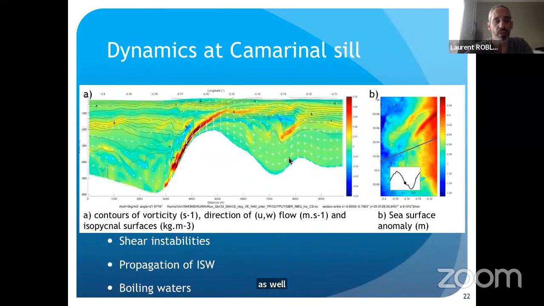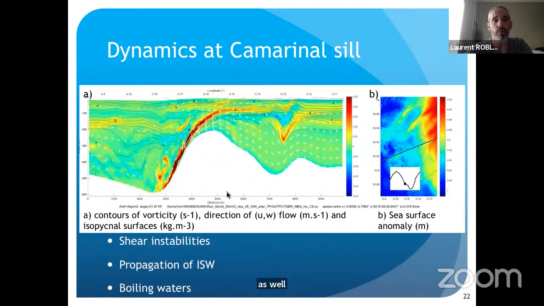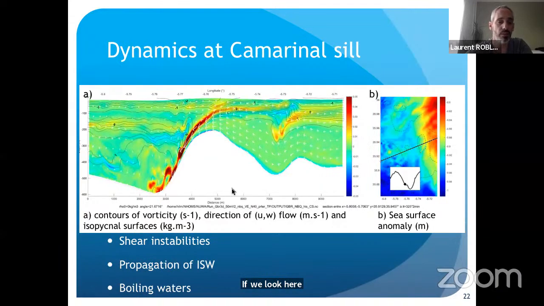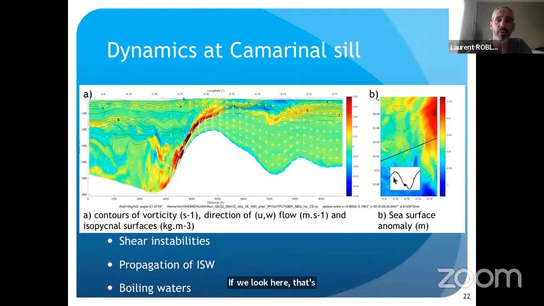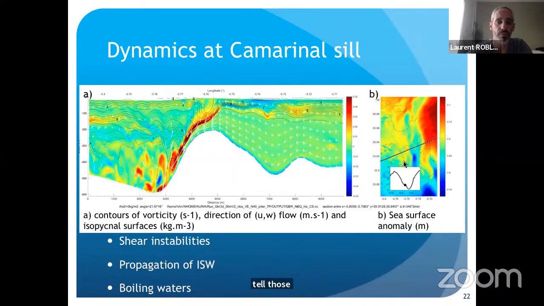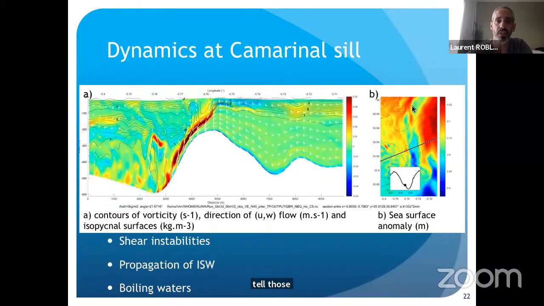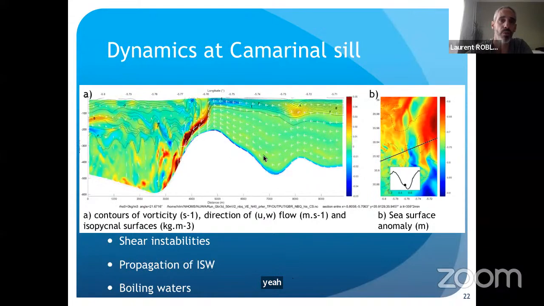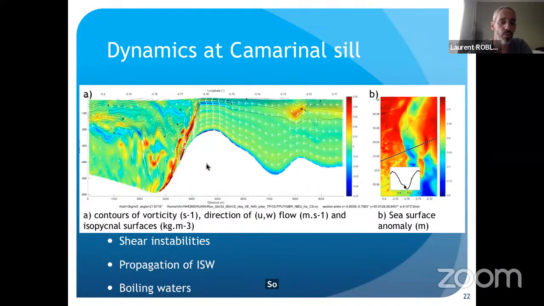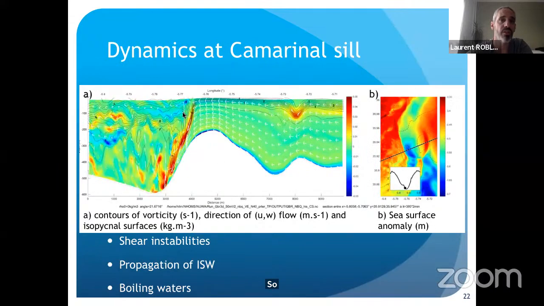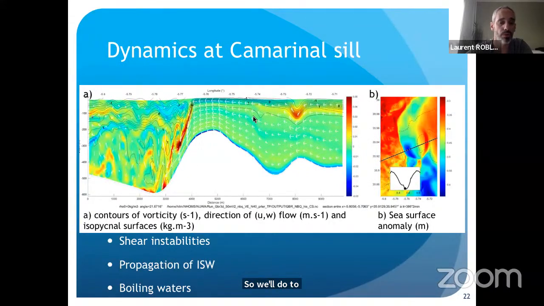If we look here, a vertical section over the Reional sill, this is the section, you have the tidal cycle, and this is a sea surface anomaly map here. So you have the Reional sill, the contours of vorticity are in color.